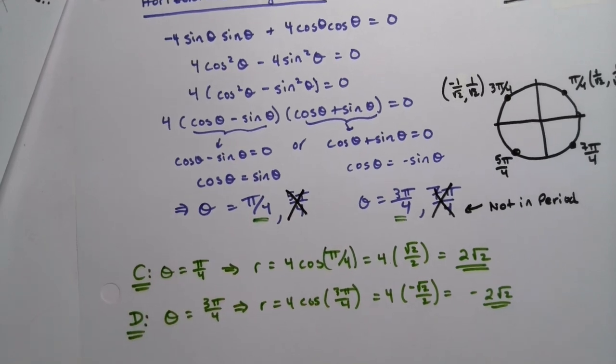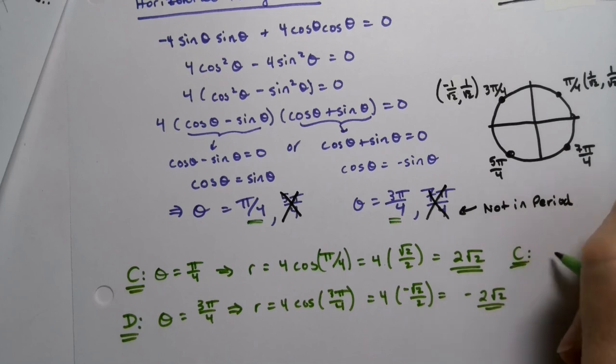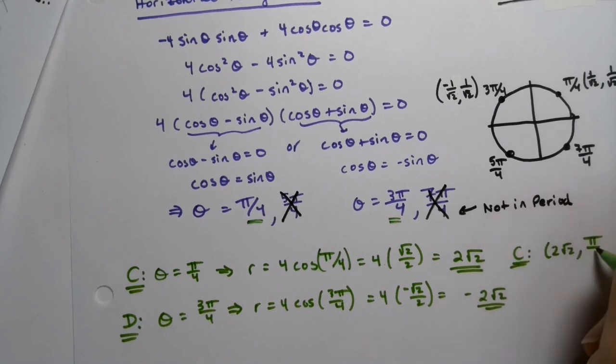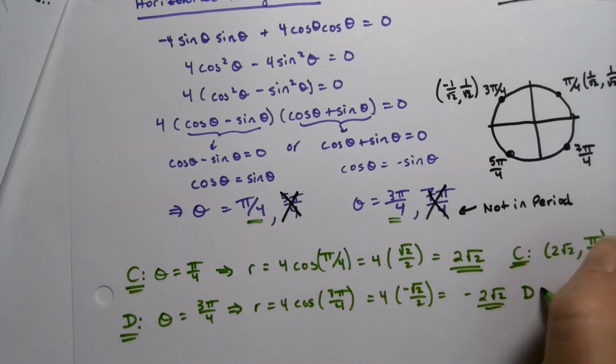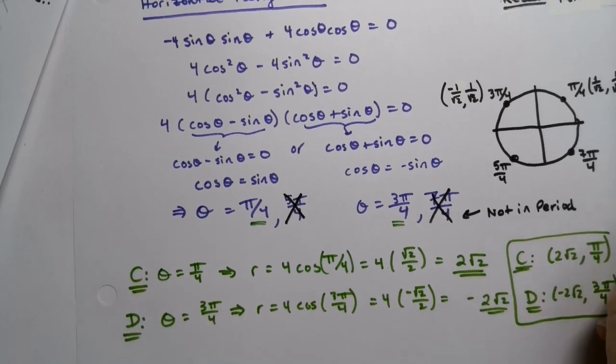So I would say C is, if we're going to go r theta, 2 square root of 2 comma pi over 4. D is negative 2 square root of 2, 3 pi over 4. Those are our 2 points in polar form.